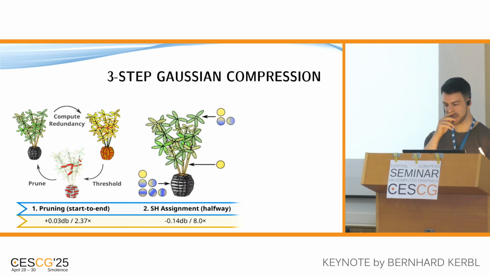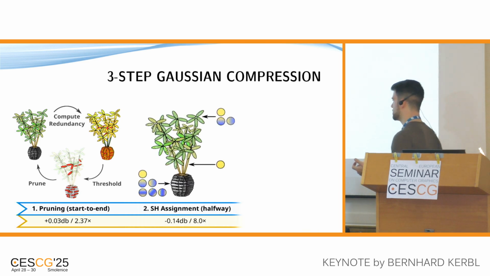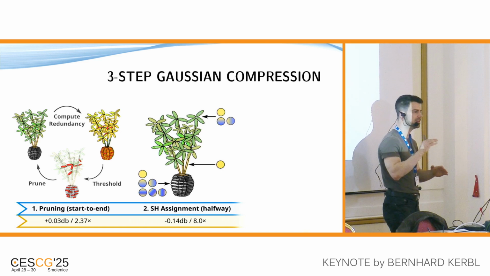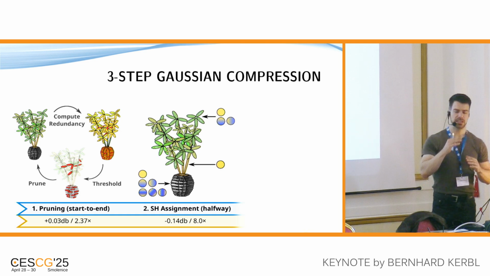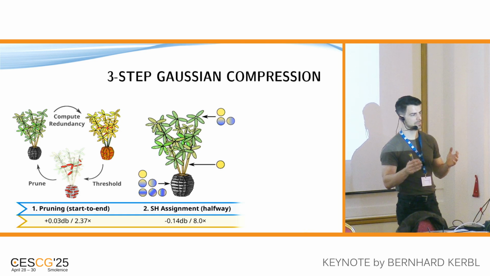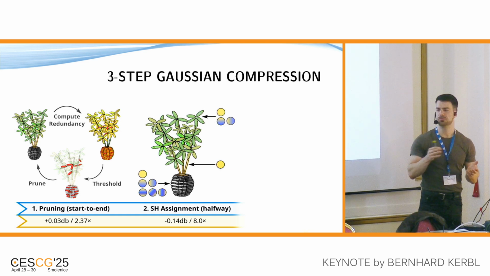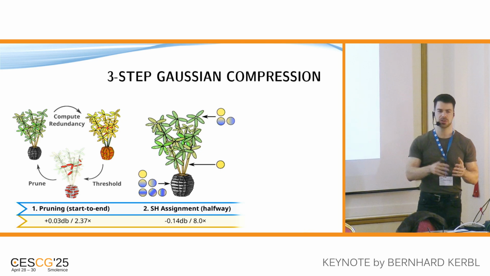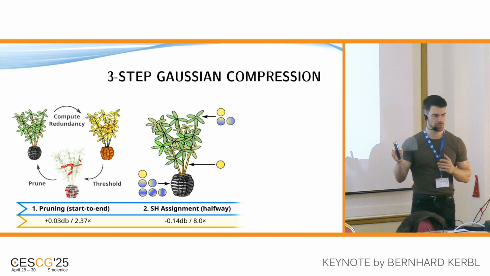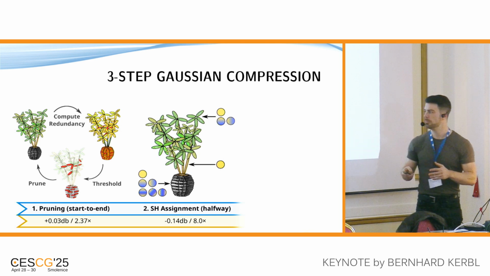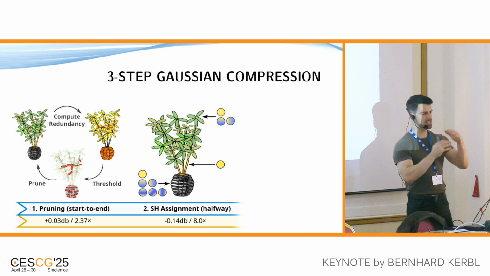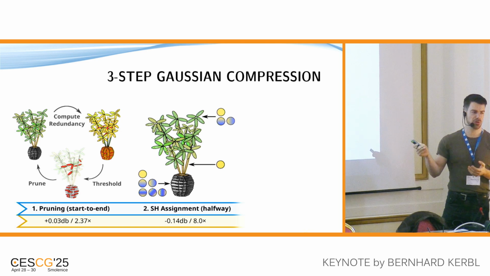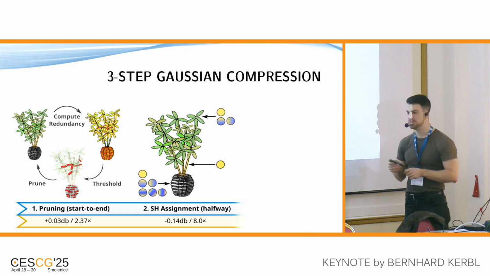Now, the second part is that you can apply some common sense and realize that there are some parts of your scene that are complex in terms of light interplay. Some parts of your scene might be very reflective, might be refractive, and those will need all of the configurations for color, which we encode with spherical harmonics in the Gaussians. So the complexity of this light interplay and of these view-dependent effects is determined by the number of bands of spherical harmonics being used.